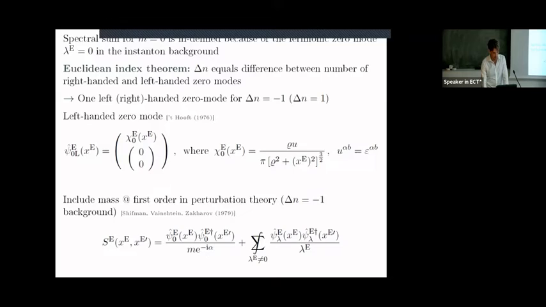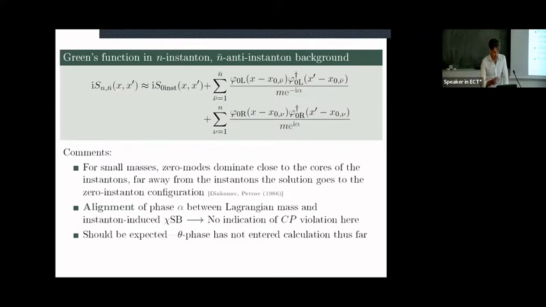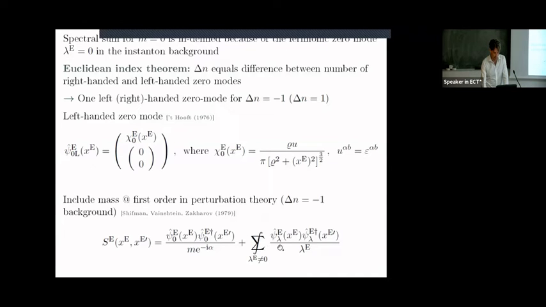Okay. Now we can do this in a background of n instantons and n bar anti-instantons, and so we just add all these instanton anti-instanton contributions together. I'm saying that these instantons are sitting at locations x naught nu, and the anti-instantons are sitting at locations x naught bar nu. Then from the Green's function here, I just take the dominant contribution for small mass, which is given by the first term here.